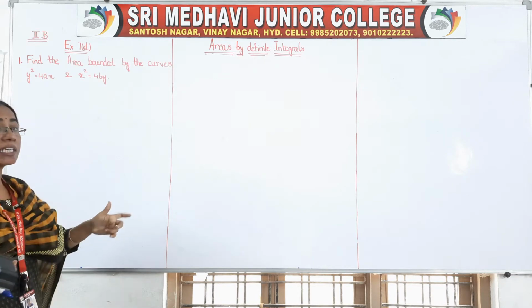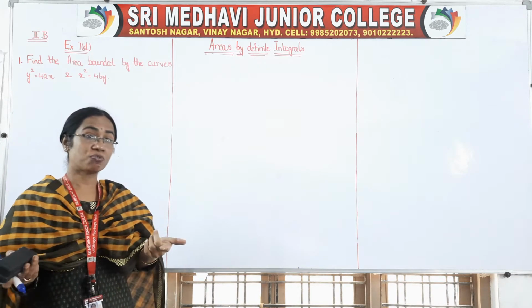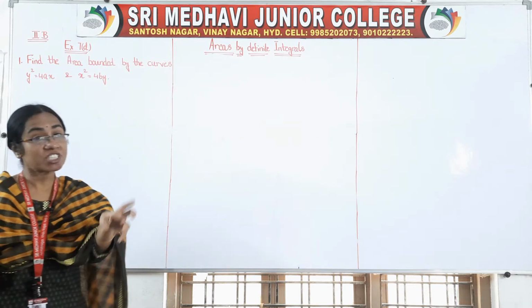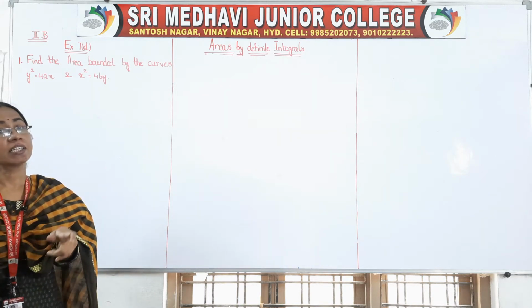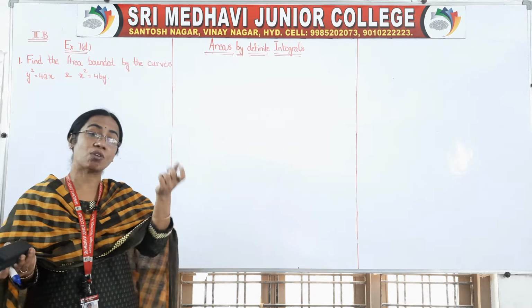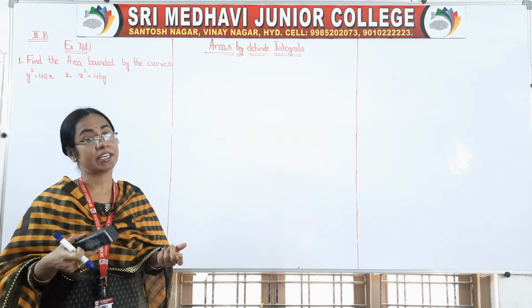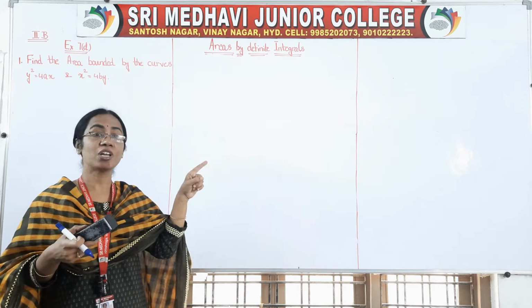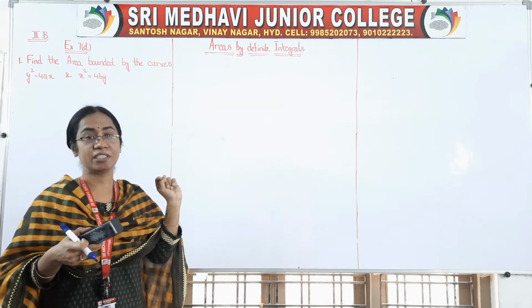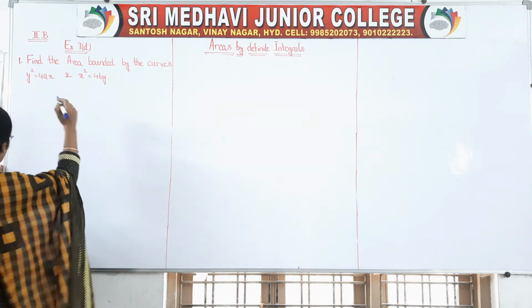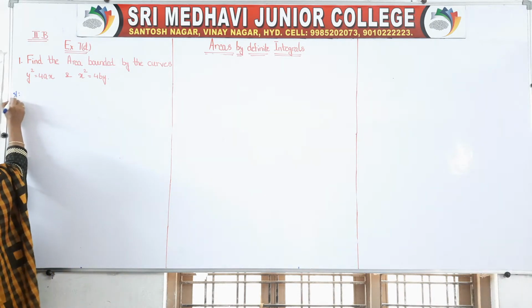But the only thing is how we have to find the area from which place to which place. That means from which value of x to which value of x we have to find the area. For that sake we have to solve these two equations. Okay, so come on, first take your problem.